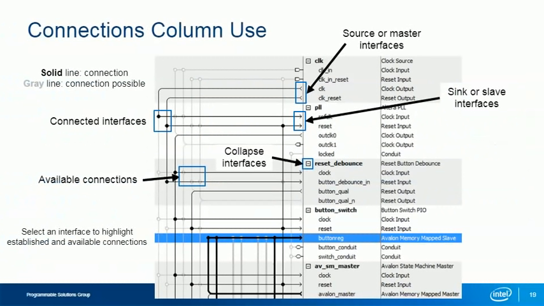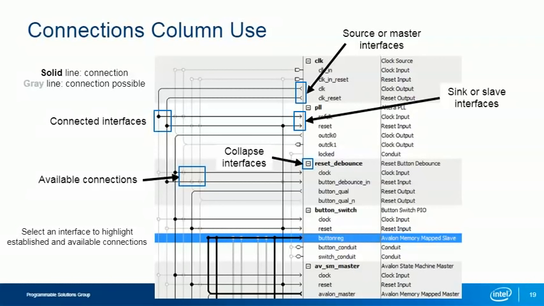The Connections column in the System Contents tab shows which component interfaces are connected and how they are connected to each other. Use the Connections column to quickly and easily make connections from masters to slaves, clock outputs to clock inputs, reset outputs to reset inputs, sources to sinks, interrupt senders to interrupt receivers, and custom instruction senders to custom instruction receivers.